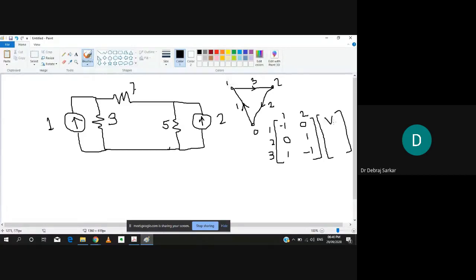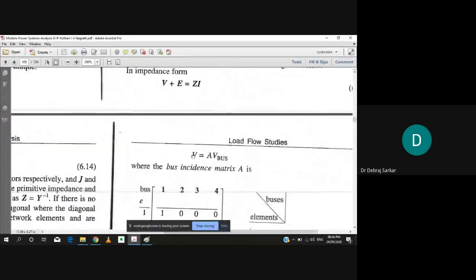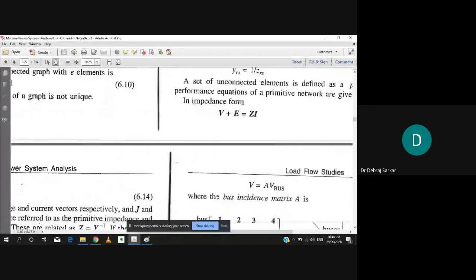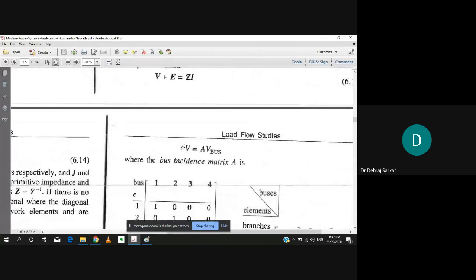So this would be V1 and V2. Now look at this equation. We are talking about this V, the matrix formed by the voltage across the elements. The matrix of voltage across the elements is formed by multiplying the bus incidence matrix with the V bus matrix.